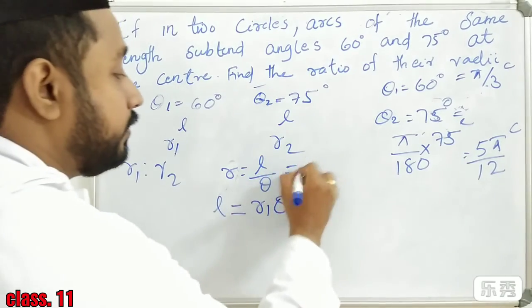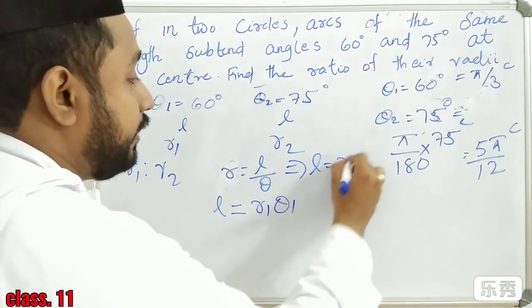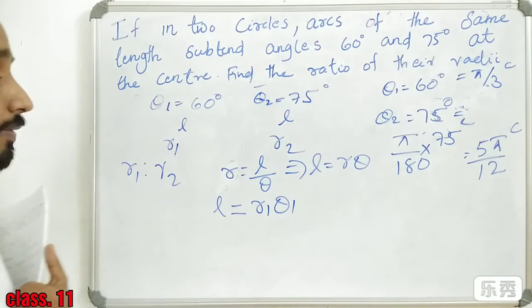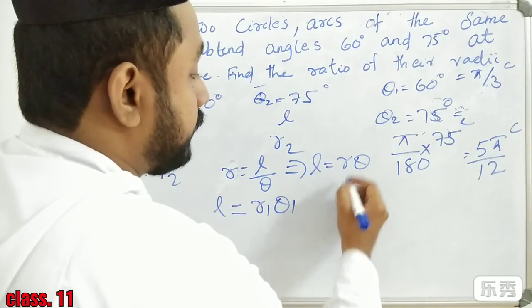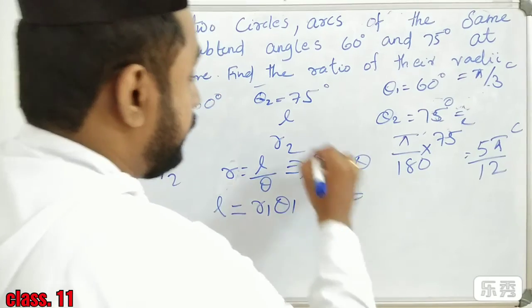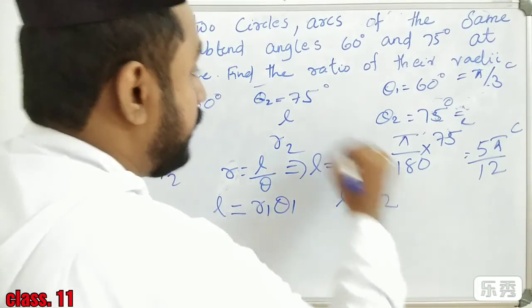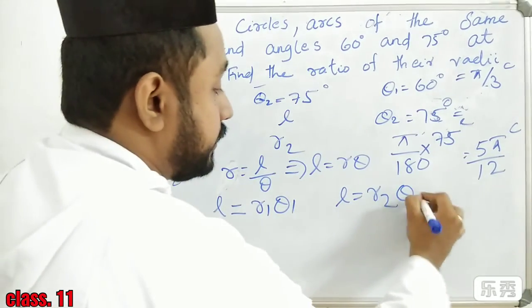In the second circle, the radius is R2 and the angle is theta 2.